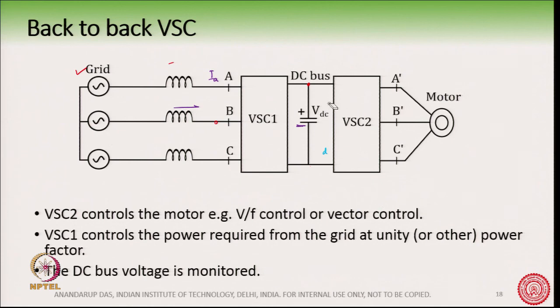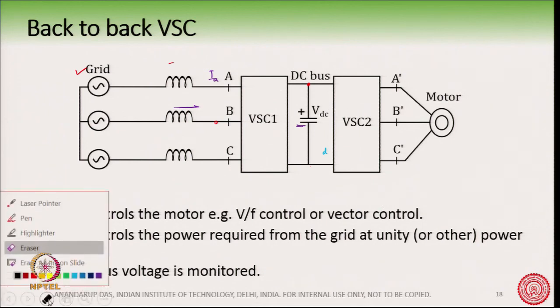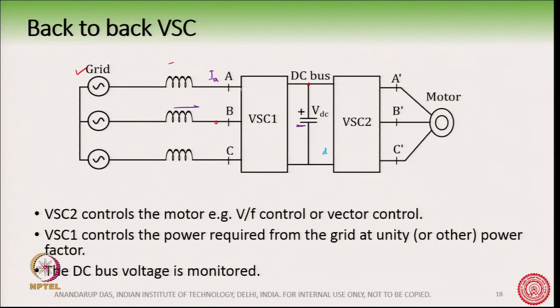Let us take a condition where this motor is taking some P and Q. The motor can take the P and Q, but the VSC1 is taking only P and the Q is 0.